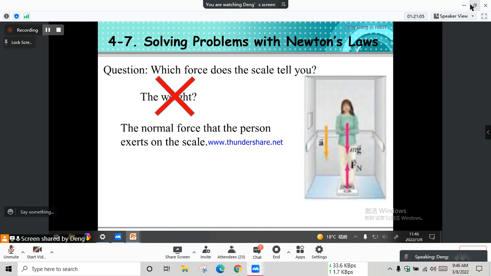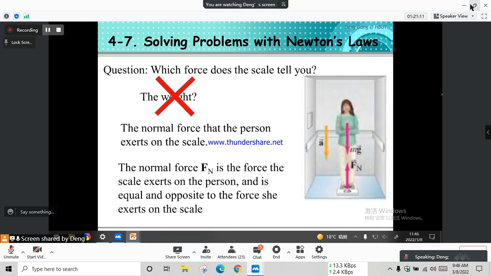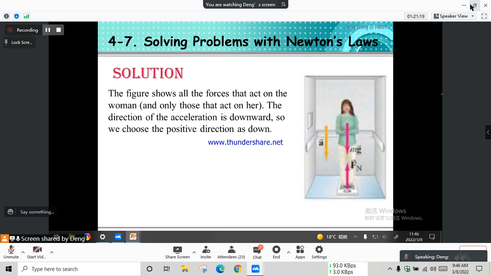And according to Newton's third law, it should be equal to Fn, but in the opposite direction. So if we know this, we can calculate it. The weight minus Fn should be equal to ma.